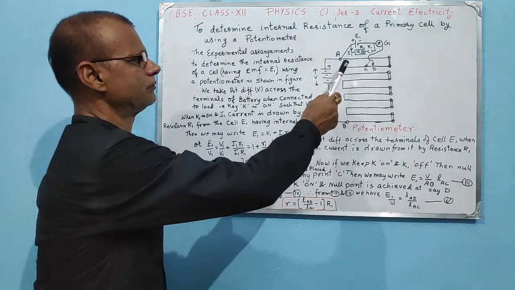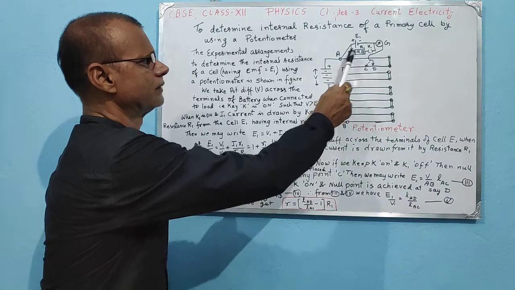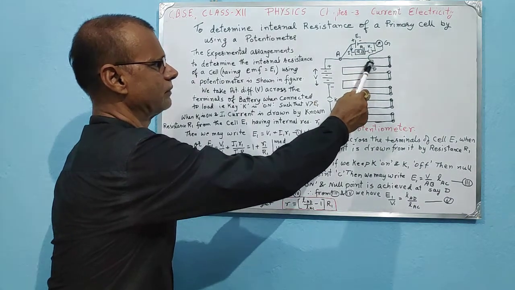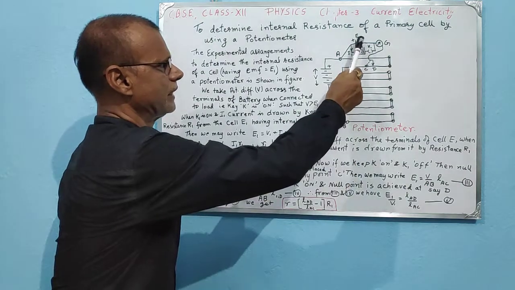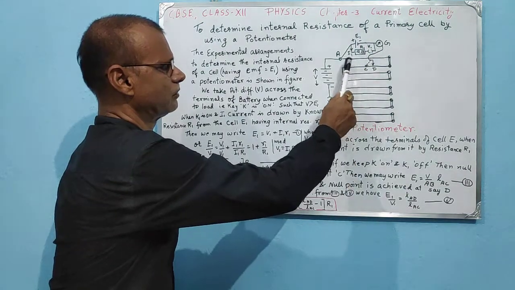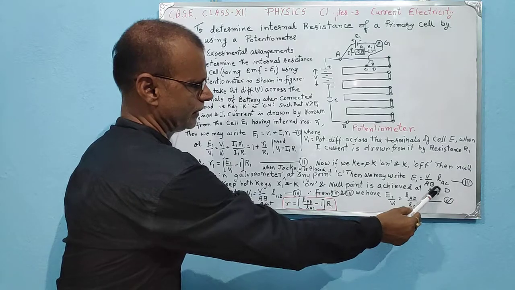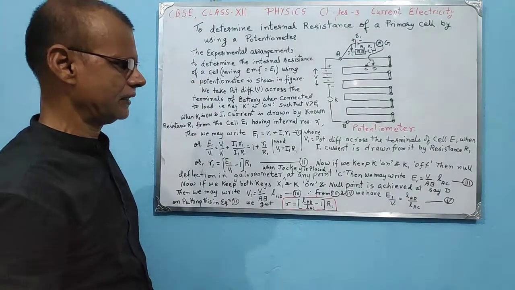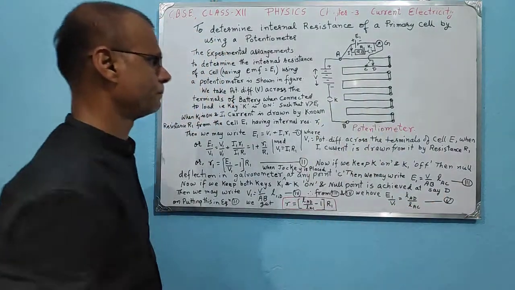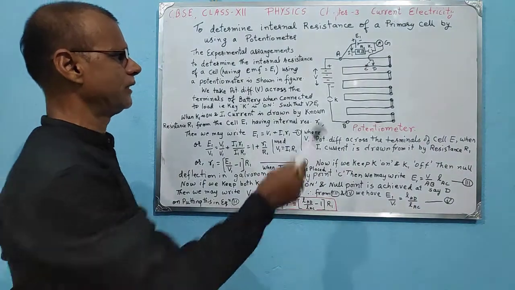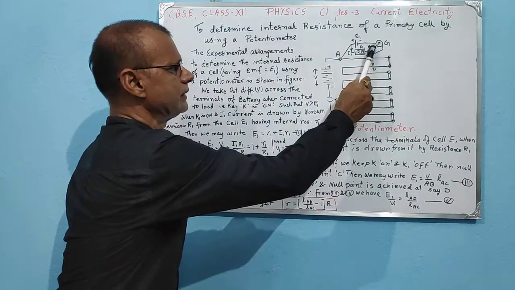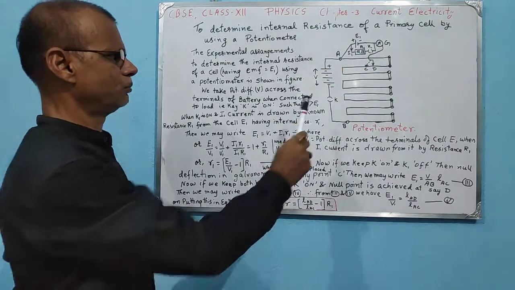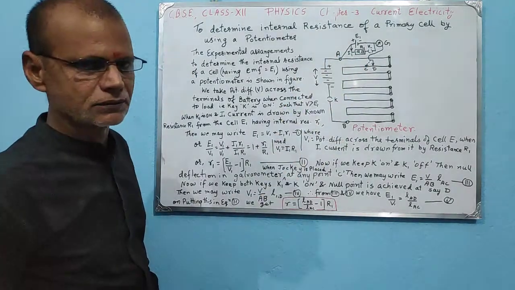Now we have already understood that when no current is drawn from the cell, with K1 kept off, the EMF of the cell E1 is equal to V upon AB into LAC. We have already discussed this. This is our equation number 3. Now we keep key K on as well as key K1 on, meaning both keys are now on.